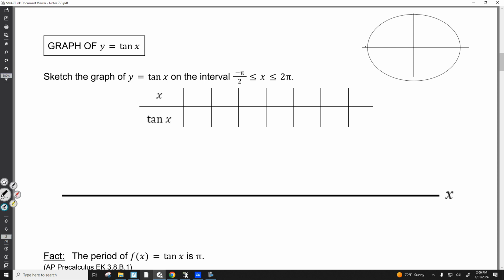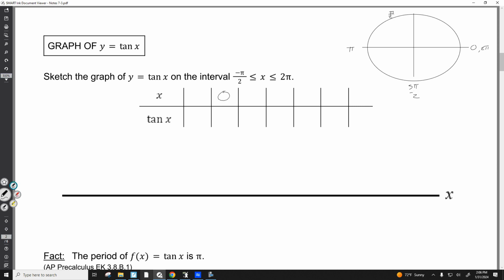All of the extremes: 0, pi over 2, pi, 3 pi over 2, 2 pi, which is coterminal with 0. Okay. Guys, please don't let me down right now.